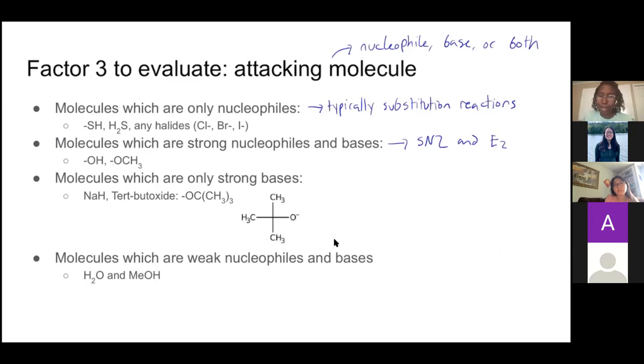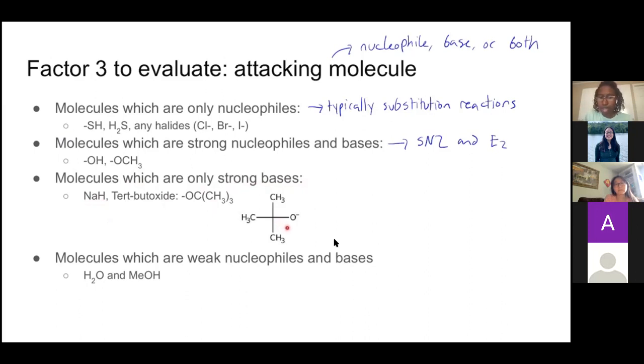Lastly, we have molecules that only act as strong bases. These include NaH. You might not have known that H- can actually function as a pretty strong base. Again, the sodium is just a spectator ion to balance out that negative charge. Then we have tert-butoxide, whose formula and structure are listed here.